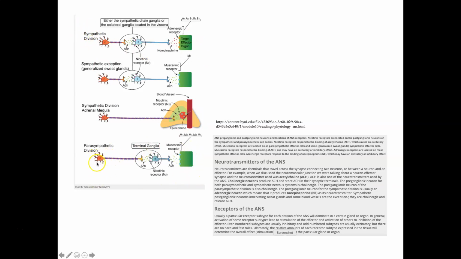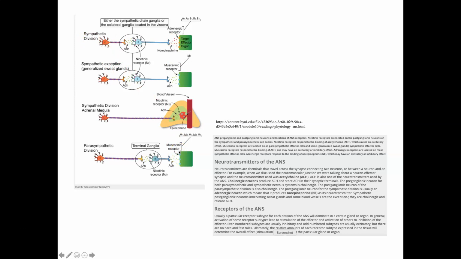And the very bottom, remember, is the parasympathetic. It's using acetylcholine here as it moves to the postganglionic, which has those nicotinic receptors again, and it's using ACH, acetylcholine, and looking for muscarinic receptors. So compare the first one with the last one.